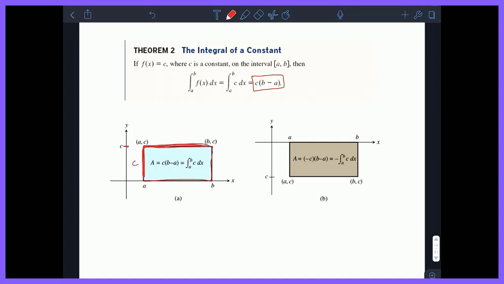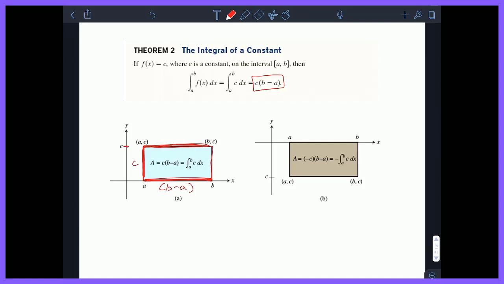This distance is c. And then multiplied by the width of the rectangle, which is just b minus a, assuming that it's not snug on the origin. Otherwise, it would have just been b.